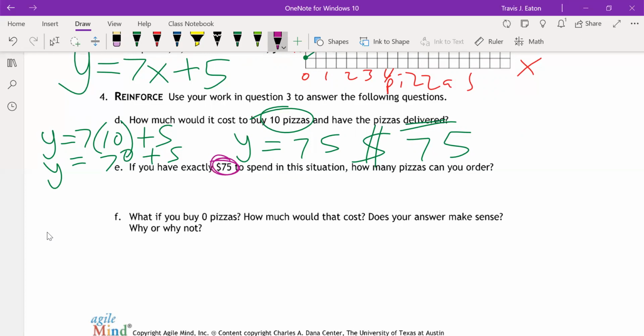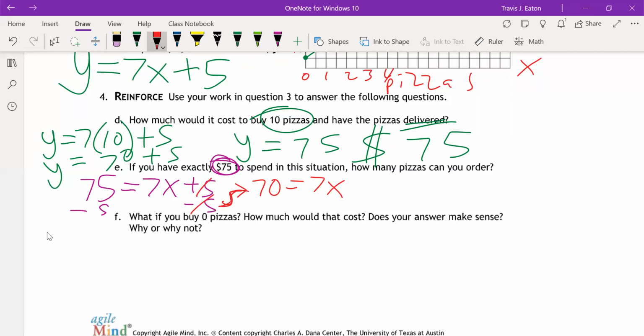So instead of a y, we will say 75 is equal to 7x plus 5. First step would be to subtract 5 from both sides, because we have already learned how to solve multi-step equations. And this 5 and this negative 5 go away. 75 minus 5 is 70, and that equals 7x.